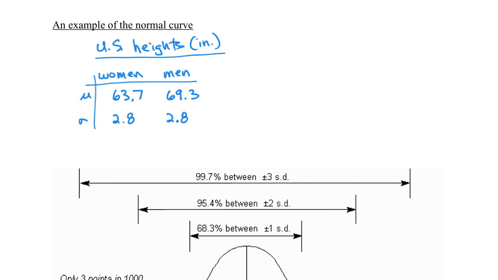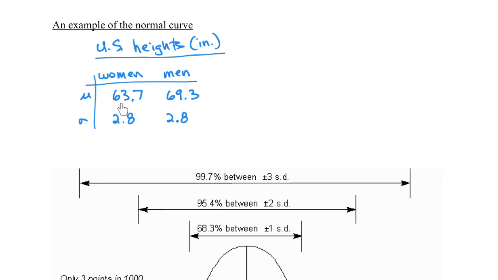So pretty tall. Worldwide average, you guys ready to take a guess? The worldwide average woman is 5'3". Worldwide average man, 5'8".